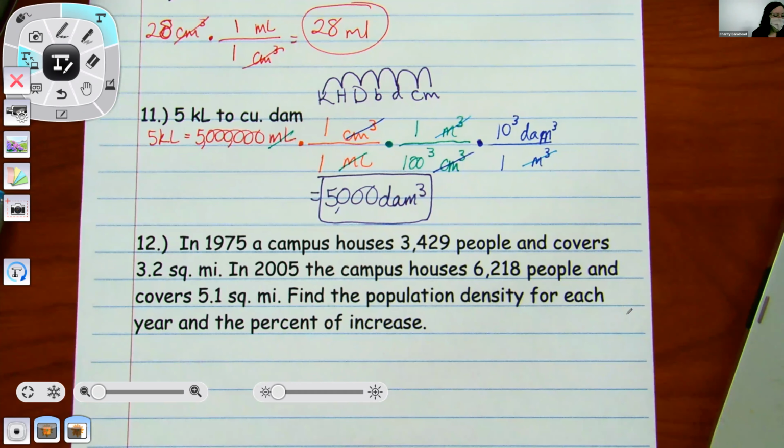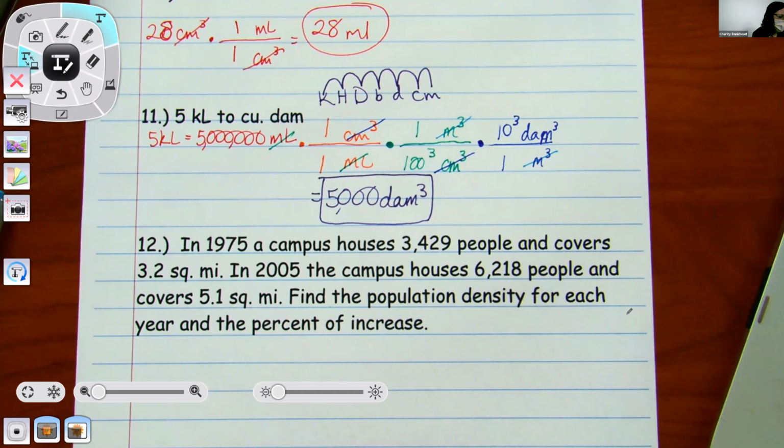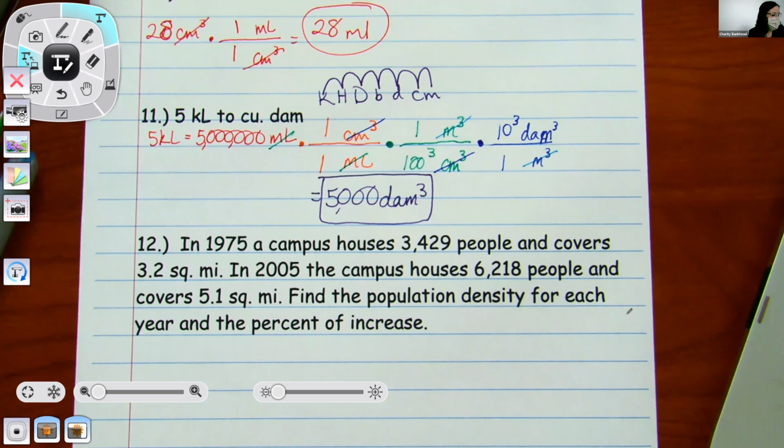All right. Number 12 says in 1975, a campus houses 3,429 people and covers 3.2 square miles. In 2005, the campus houses 6,218 people and covers 5.1 square miles. Find the population density for each year and the percent of increase. Population density would be people per square mile.